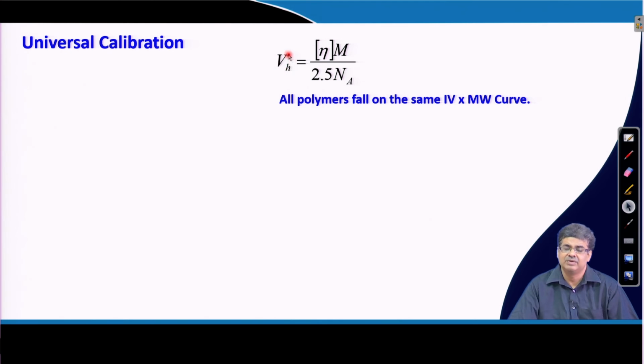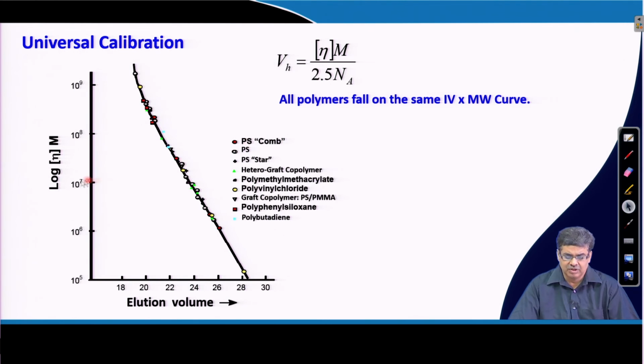And we know elution volume depends only on the hydrodynamic volume. So, if instead of plotting log molecular weight, log of intrinsic viscosity multiplied by molecular weight is plotted against elution volume, you can see that different polymers, even the same polymers of different shapes, all fall on one straight line.